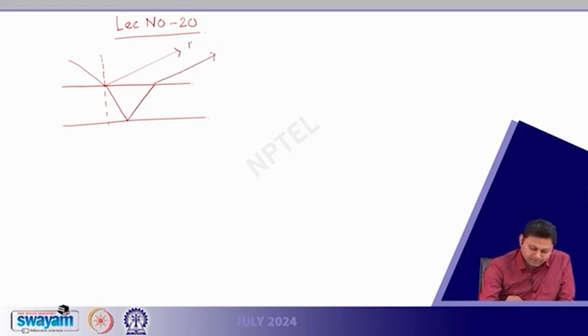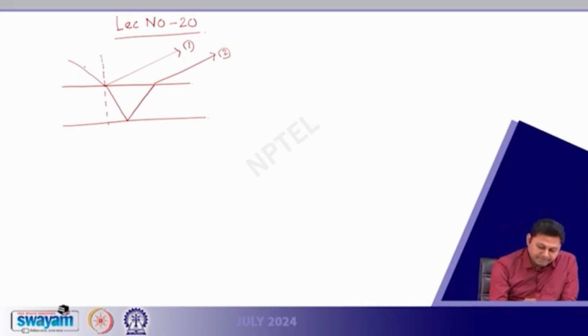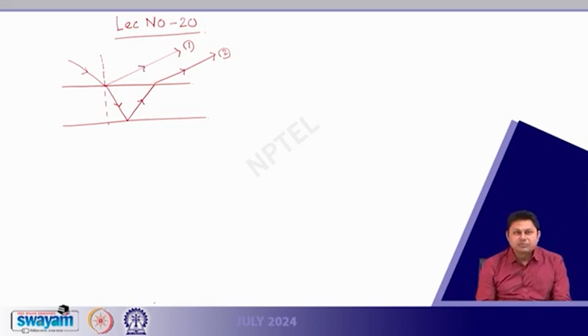So this is ray 1 and this is ray 2. These two rays are going to interfere, and this is the way the rays will propagate.